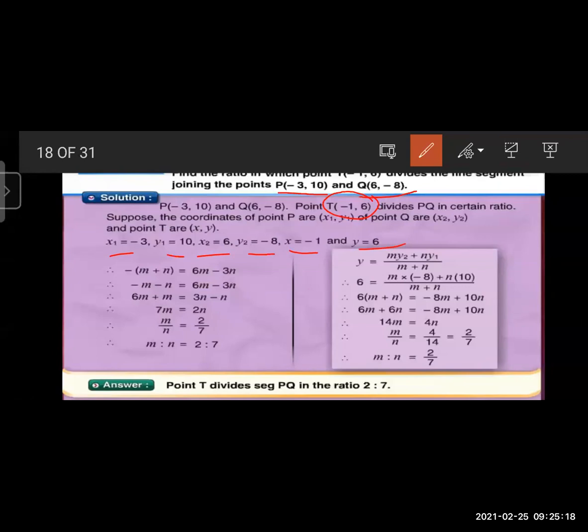Okay, so here we use 2 methods. You have to use any one of these. This one is method 1 and method 2. So first we write directly the x value, that is x is equal to (m x2 plus n x1) divided by (m plus n). Substitute all these values in this formula, so you find the ratio m is to n.